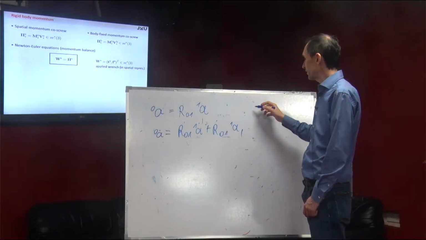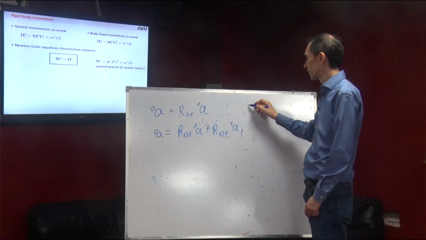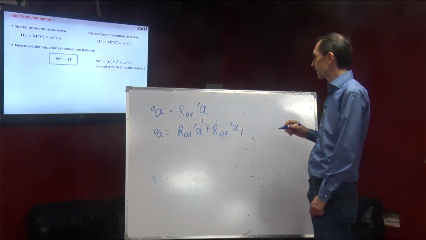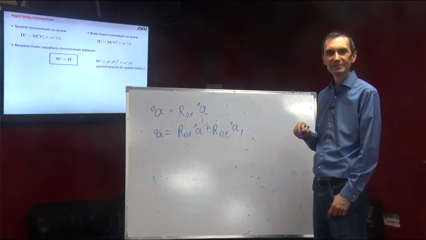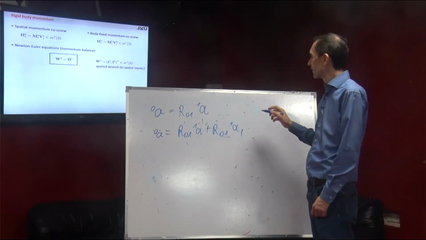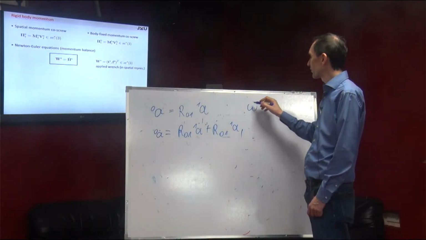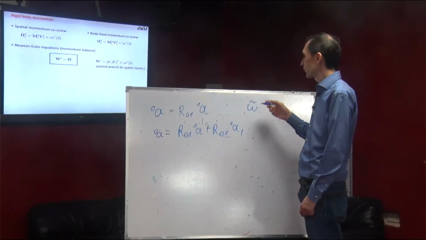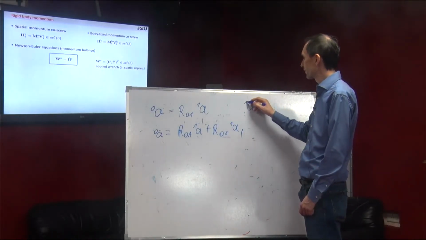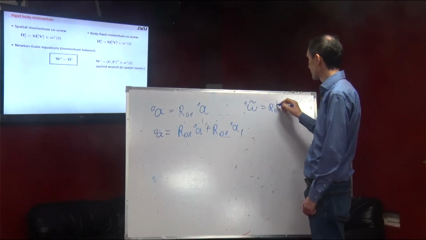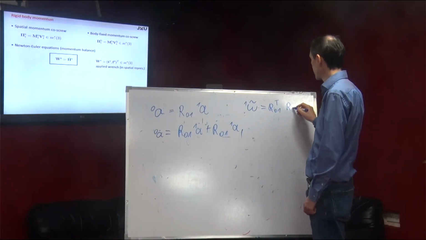What do we know? Not joint angles. What about the angular velocity? Because we defined omega, the body fixed version, which means the version expressed in the 1 frame, as R10 transposed R10 dot.